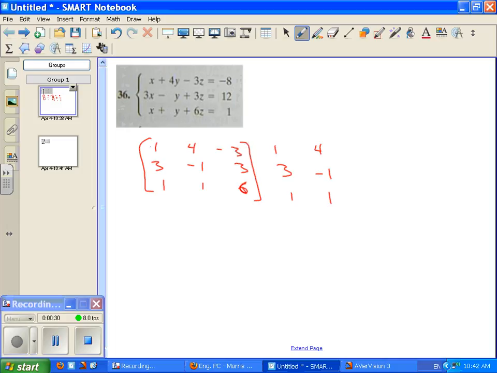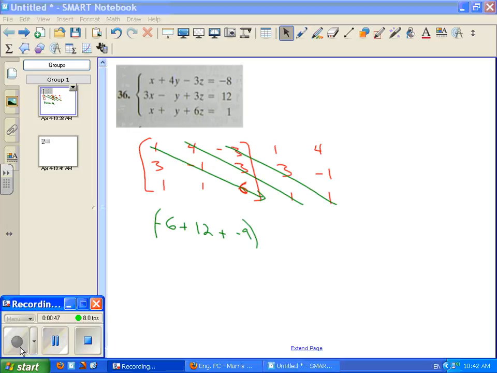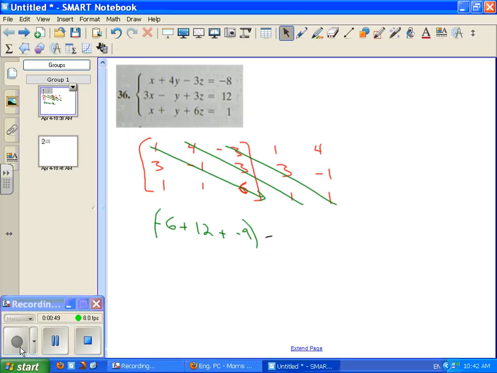All right, so I get my down diagonal. So 1 times negative 1 times 6 is negative 6 plus 12 plus negative 9. Minus, right, for the ups, I'm going to have 3 plus 3 plus, right, well, that's 12 times 6.